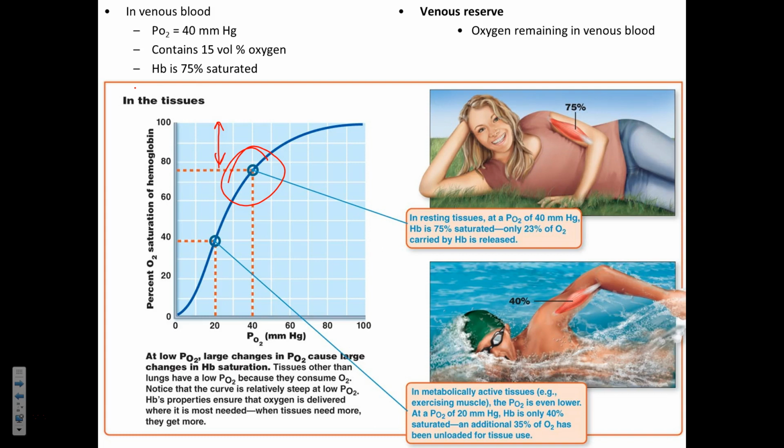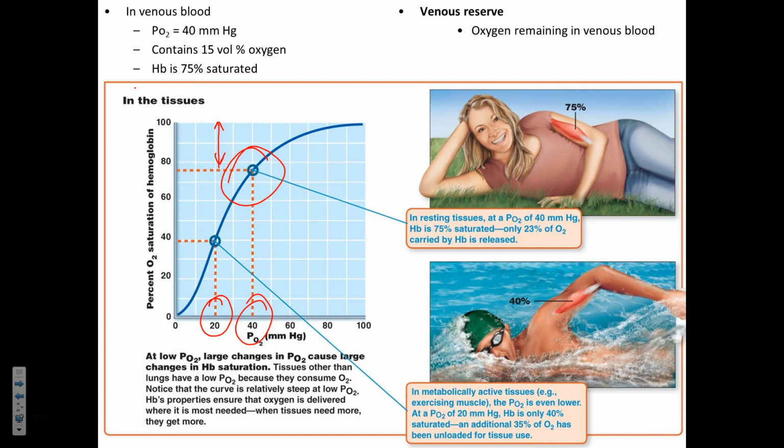Muscles. So when we work out, muscle metabolism increases. Muscle metabolism is largely aerobic. Muscles start to consume way more oxygen, and they go from 40 millimeters of mercury to 20 millimeters of mercury in the muscles. Do I make sense?